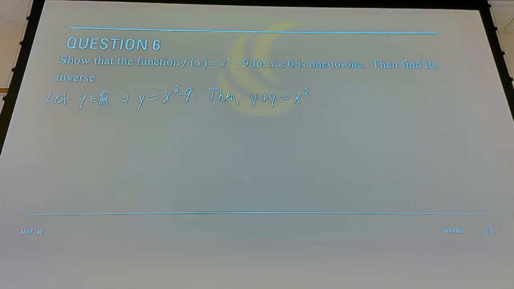Right, we can easily isolate x squared just by adding 9. What would you do then?